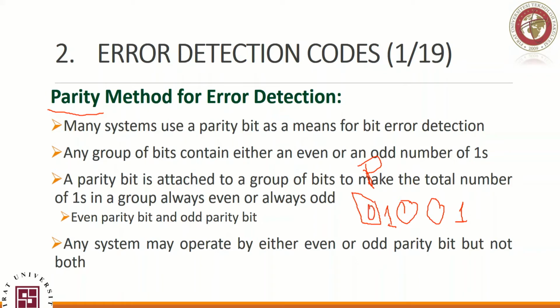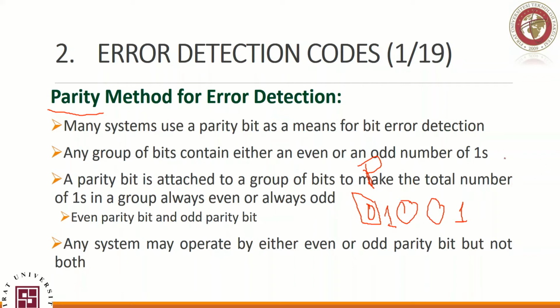Why 0? Count all the ones inside this code. We don't have 1 here, here, or here, then this is 1. So we have 2 ones, that is even. We send this code.